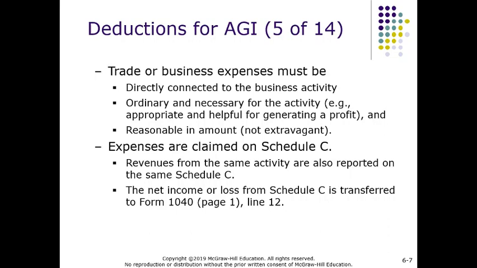And so it looks very much like a profit and loss statement, income statement, and then whatever the bottom line amount, either net income or net loss, is transferred to line 12 of Form 1040.